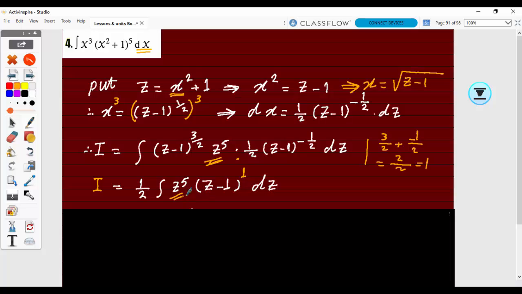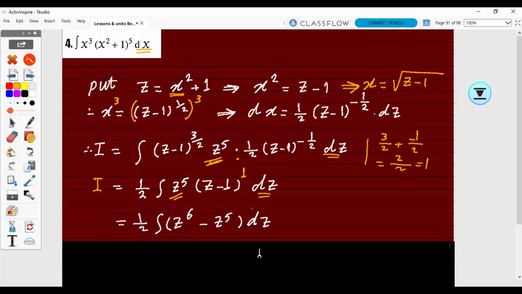So we have z power 5, (z minus 1) all power 1, dz. Now we start. Before that, we multiply z power 5 by z, which equals z power 6. Z power 5 multiplied by negative 1 is negative z power 5, dz.